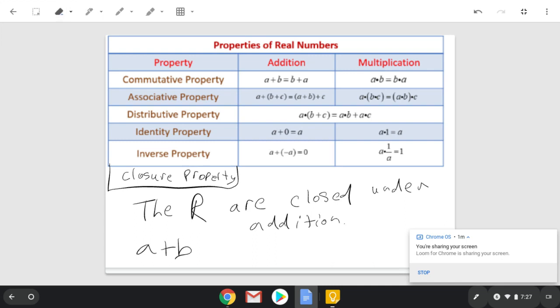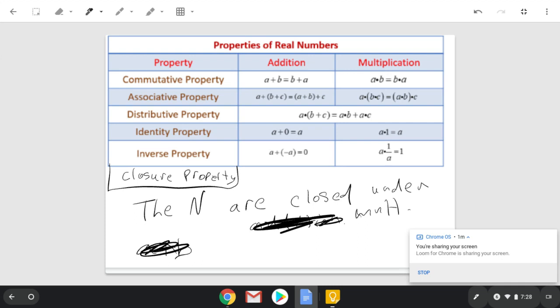Instead of the real numbers, let's look at it for a specific one. How about the natural numbers? All right. So if you take two natural numbers and you multiply them, if you take two natural numbers, this is from 1, 2, 3. This is all those whole numbers after 0.